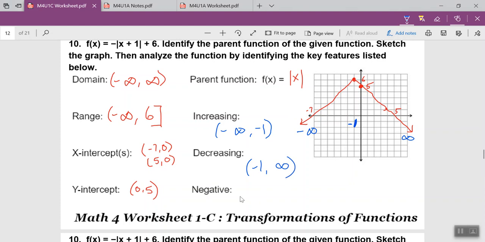The only parts of this that are negative are from negative infinity to negative 7, and then over completely on the other side, everything above 5. So that's what our negative is going to look like.